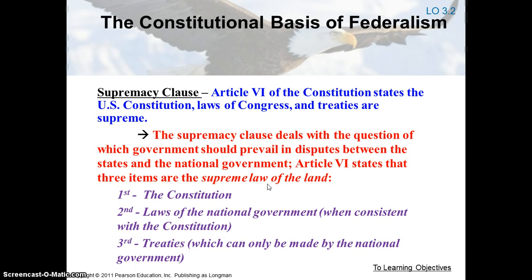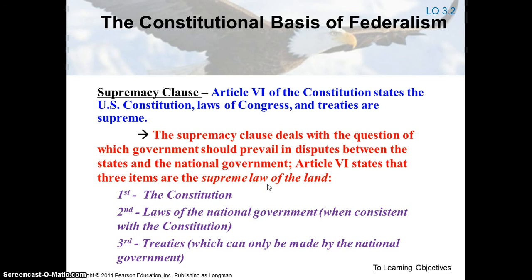And they're stated in this order as well. Number one, the Constitution itself is the supreme law of the land. Laws of the national government are superior to the laws of the state government and take precedence over the state government laws. So if there's a state law that conflicts with a national law, what's being said here is, any state law that conflicts with the national law, the state law goes bye-bye.